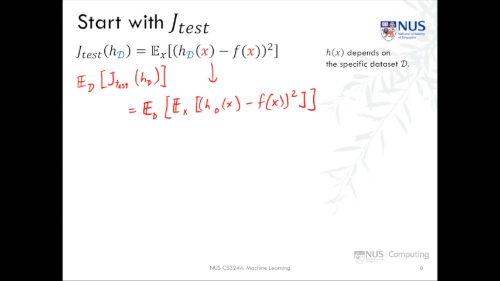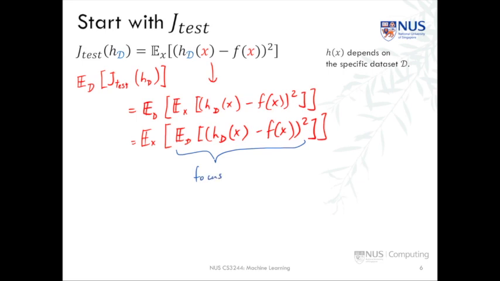Since both of the expectations are over non-negative values, we can swap the integrands. It won't matter which order we take them in, and it's more convenient for us to look at the dependencies on the data set, the inner terms first, and then we'll write the outer term here. For now, we're going to focus on this inner term, and then later we're going to come back and deal with the outer parts.